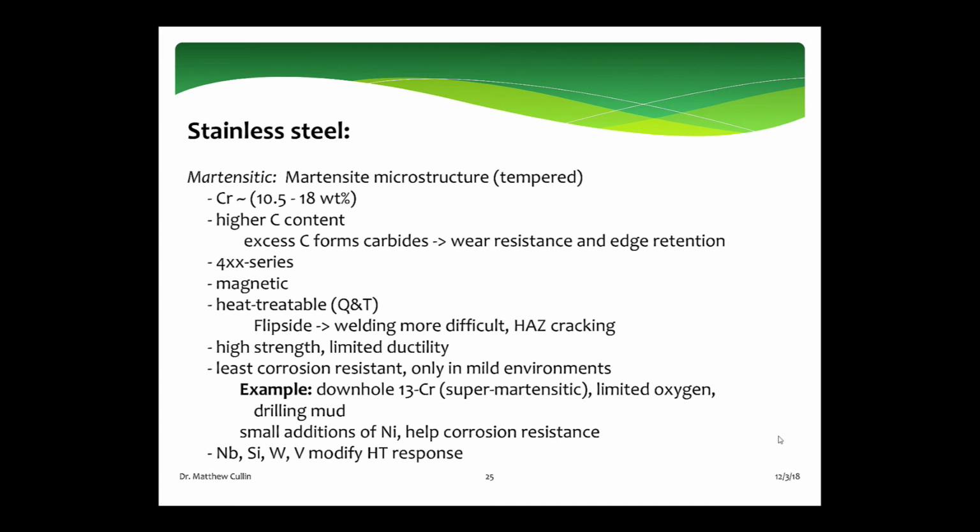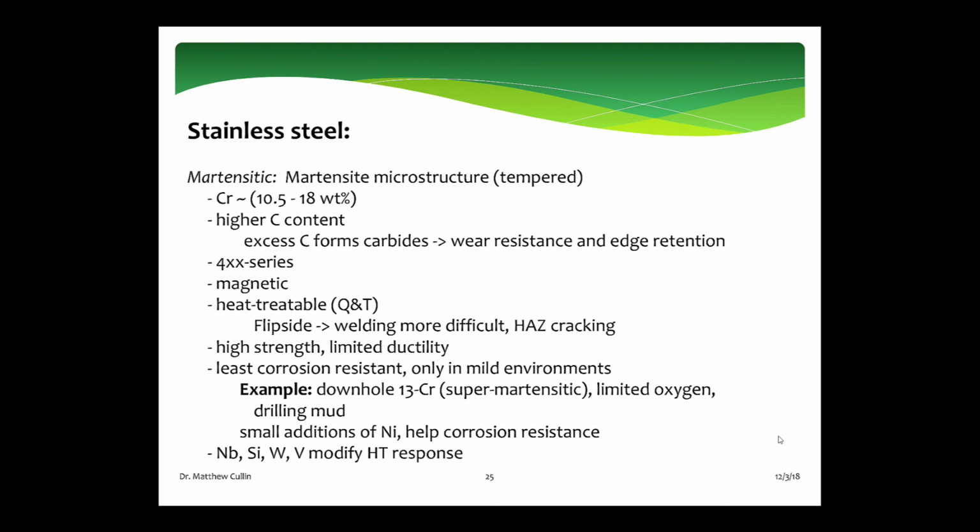Again, one of the flip sides in terms of our actual manufacturing and fabrication is that welding is trickier. It's not impossible, but the weld procedures get much more difficult than with less heavily alloyed stainless steels. So that's your trade-off, right? Good corrosion resistance, but not particularly easy to fabricate.